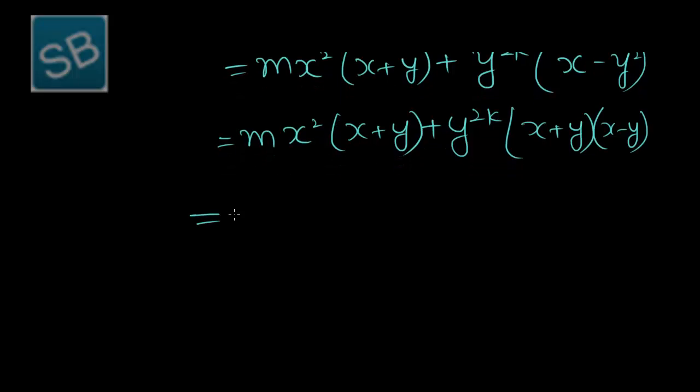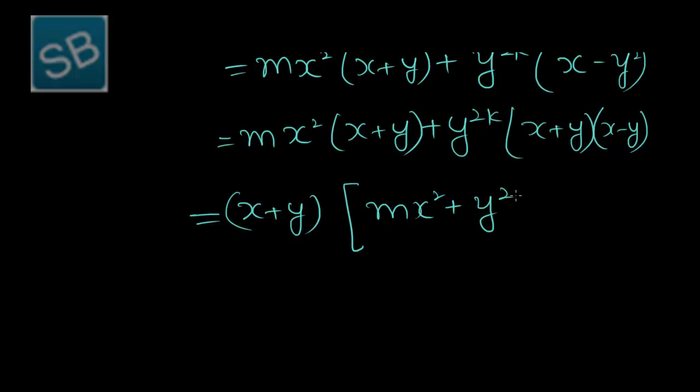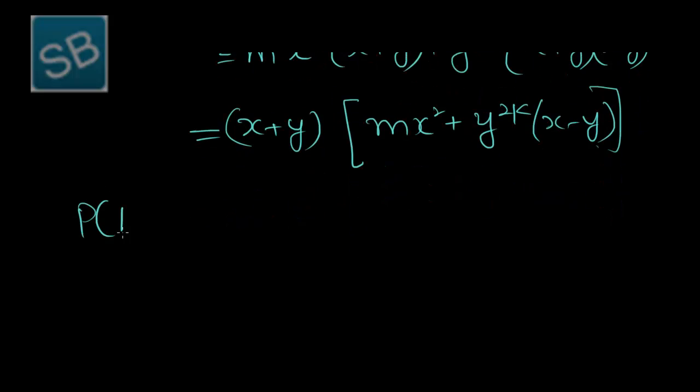So from here we get x plus y as a common factor, and in the bracket we remain with m x square plus y raised to power 2k into x minus y. So we can see that P of k plus 1 is a multiple of x plus y. So P of k plus 1 is true.